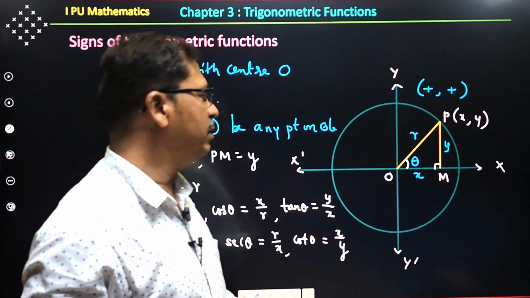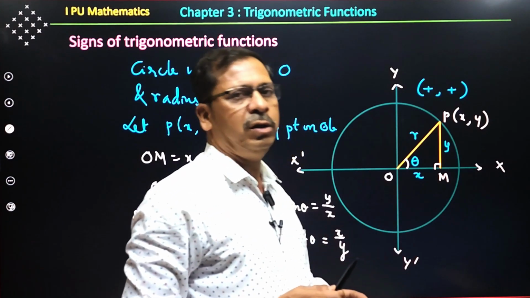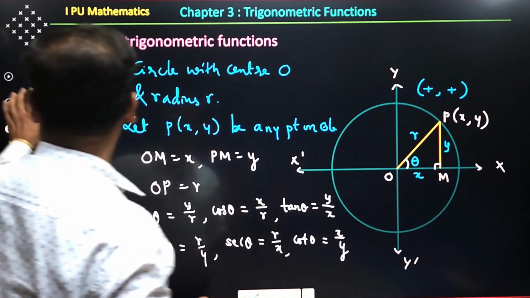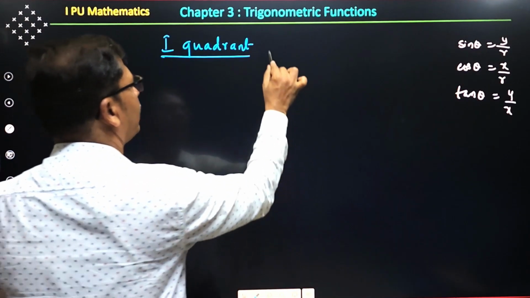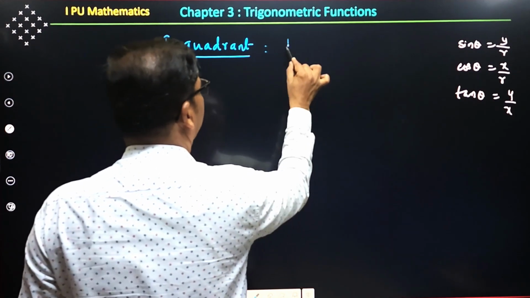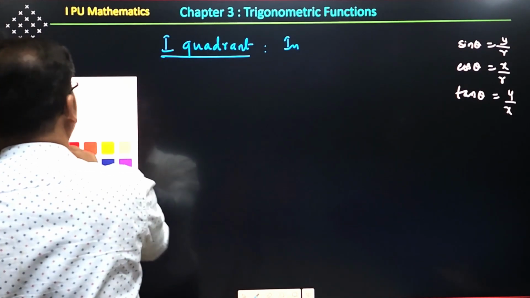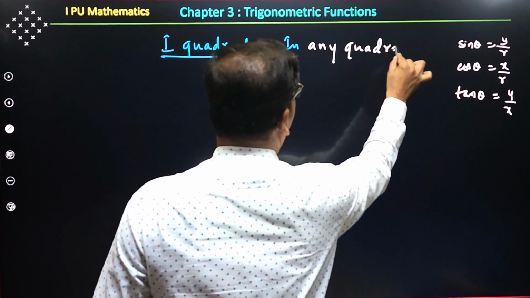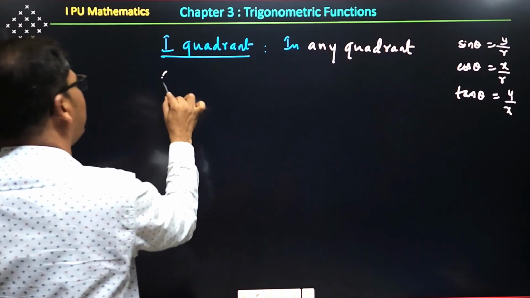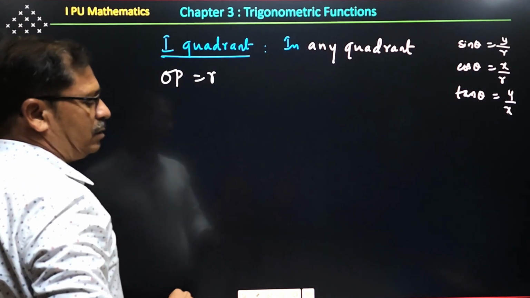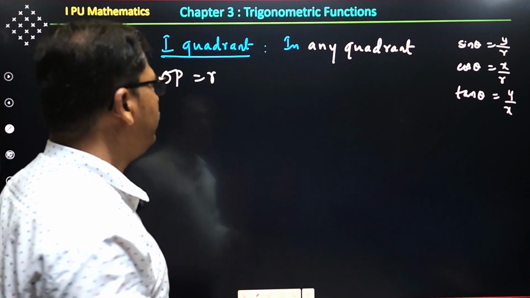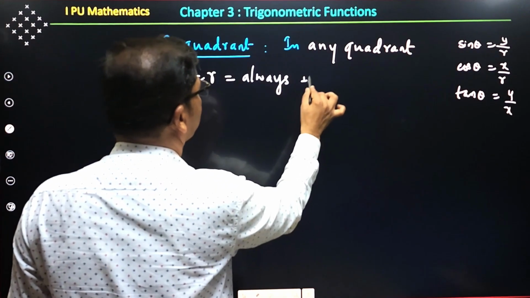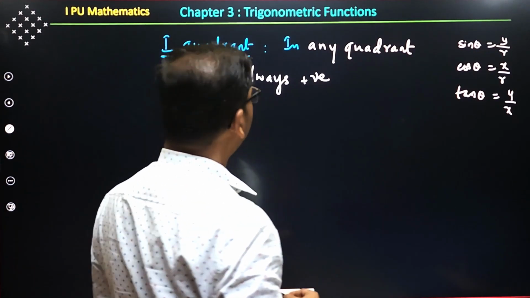Whatever the quadrant in which P(x, y) lies, OP is always positive. Remember, in any quadrant, the radius OP, which is equal to r, the radius of the circle, is always positive. This is one scenario you have to remember.